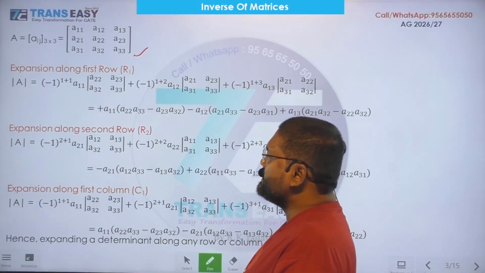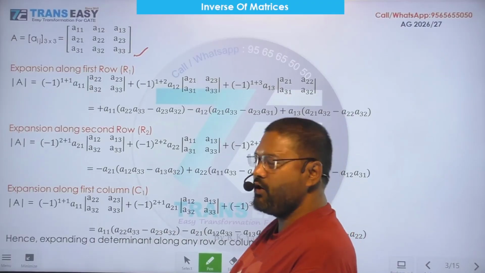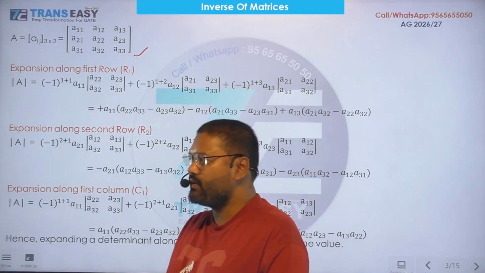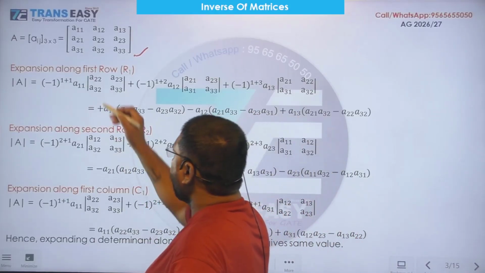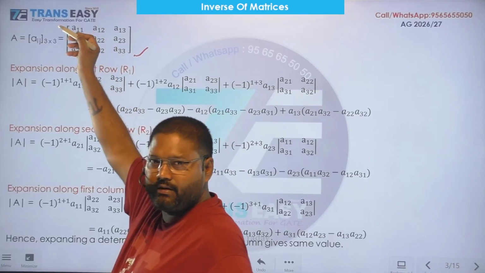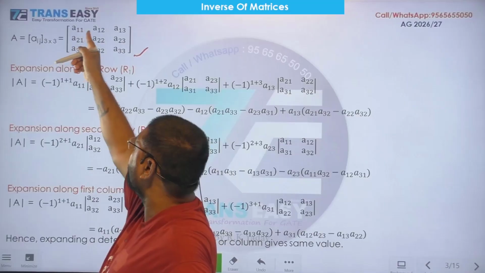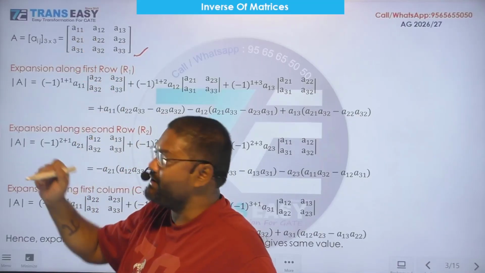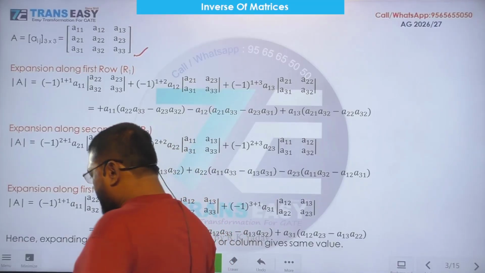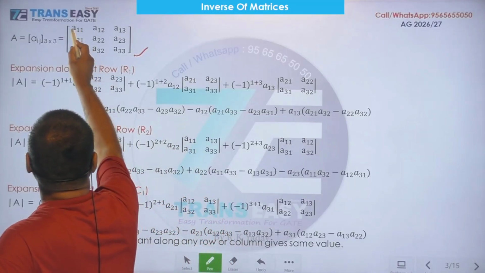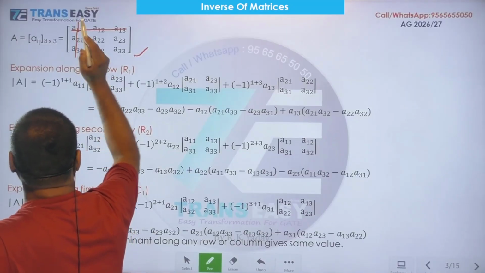First we see the value of determinant by expansion along first row, right? A11, so minus 1 raised to the power 1 plus 1 into this element A11, leaving row and column passing through this element.